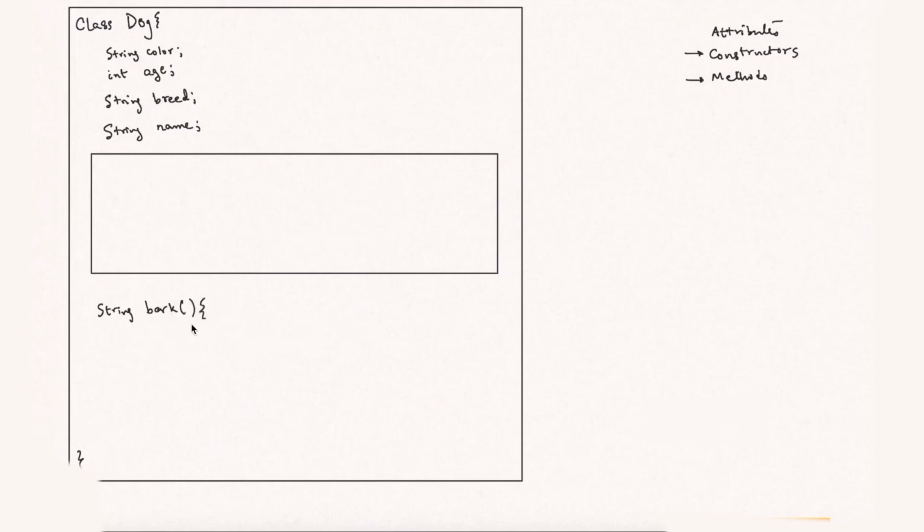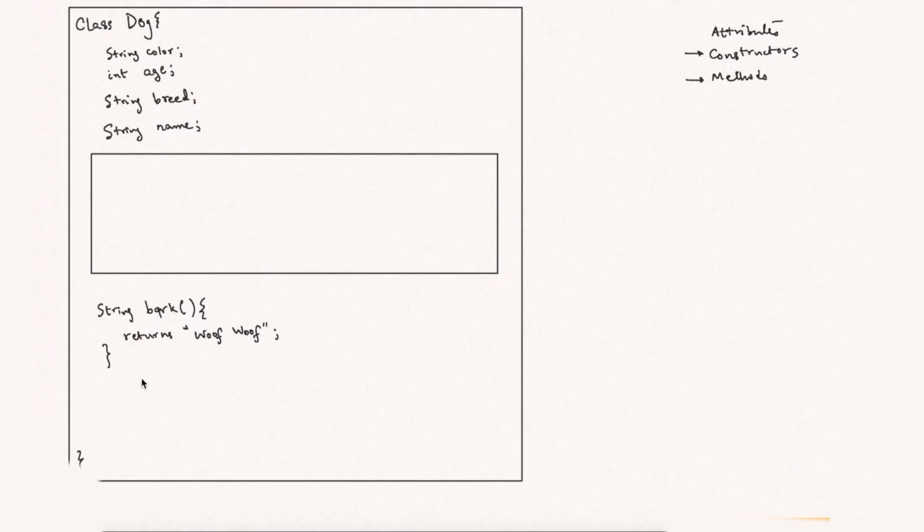All right, so whenever we call bark, we just want something to get printed or something to get returned, and at that point it returns, let's say, something like woof woof, right? So whenever you call the method bark, this gets returned in a string. Very simple example, a very simple behavior.